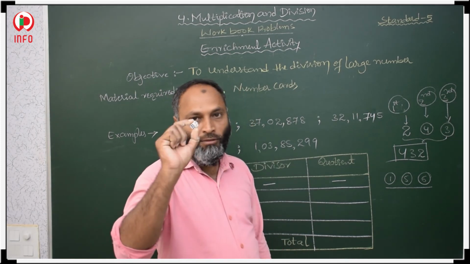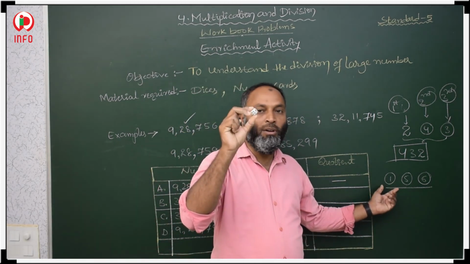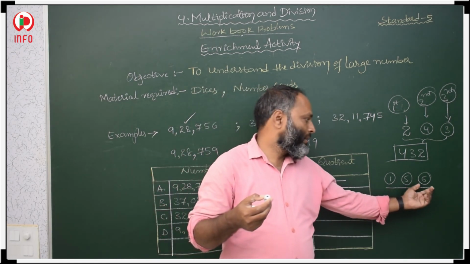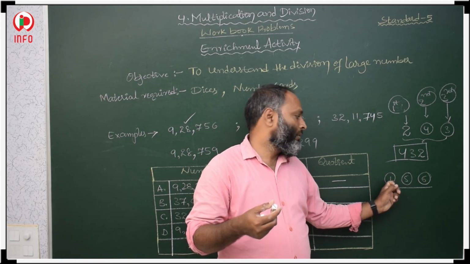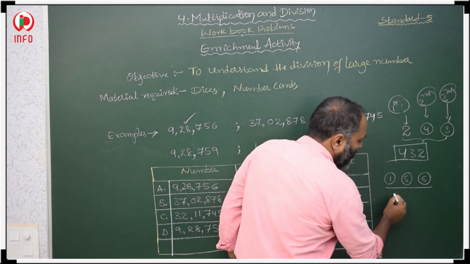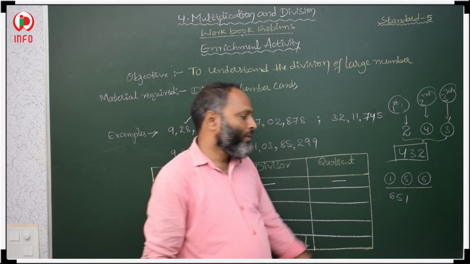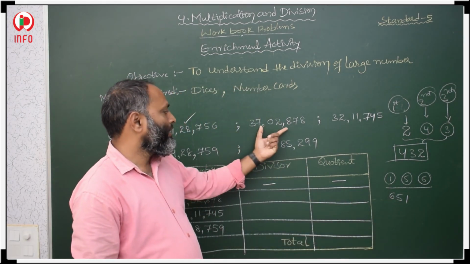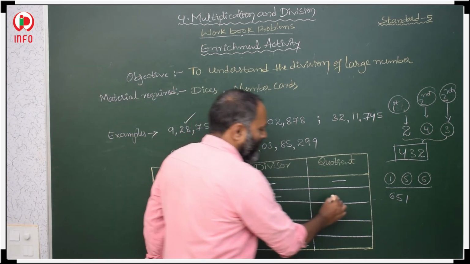So we form 651. Then we divide the second card's number by this second greater number, and write the divisor and quotient here.